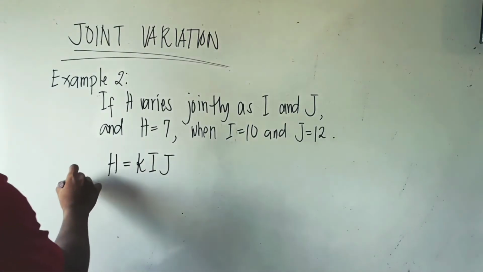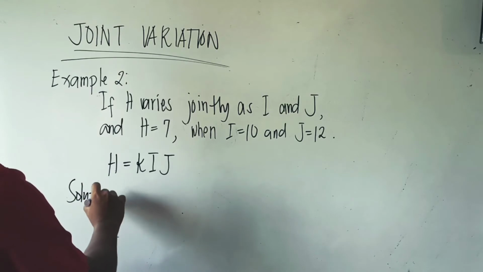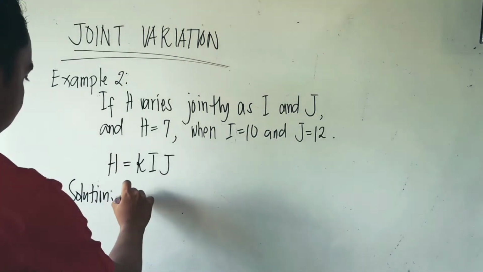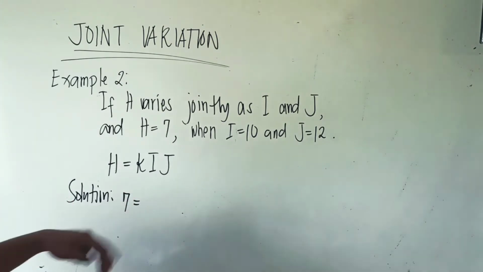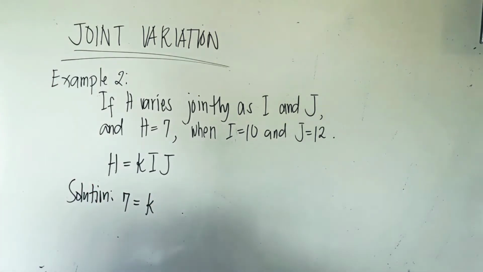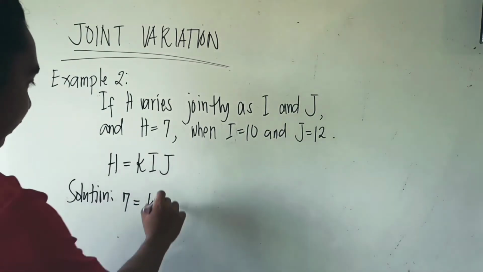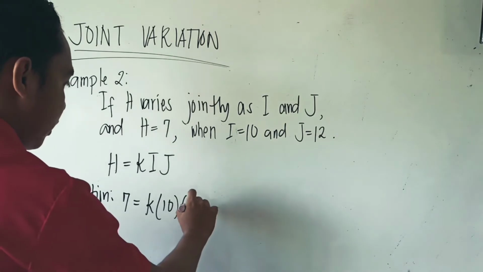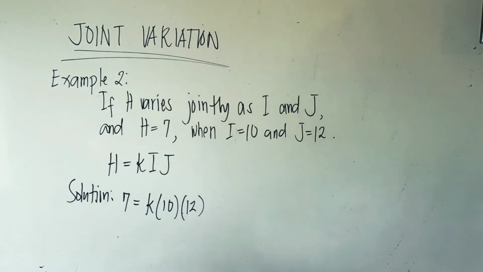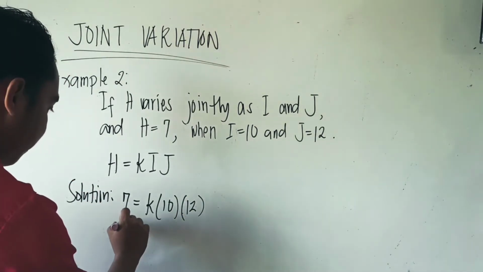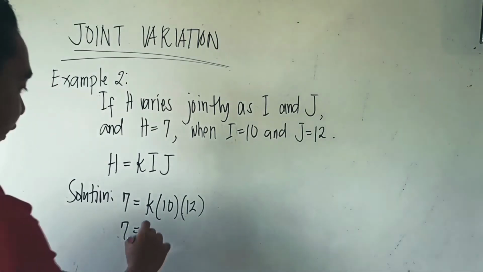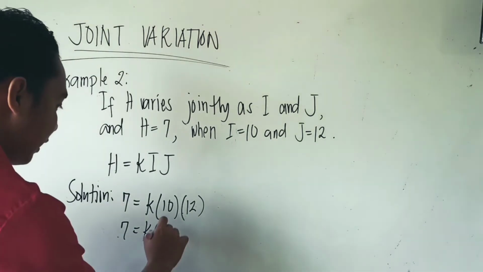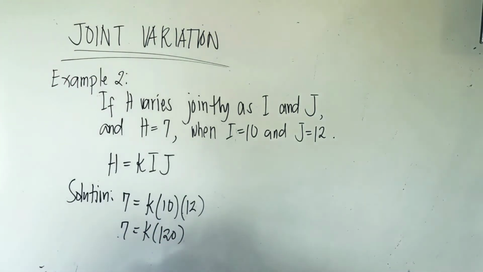Okay? So, now for the solution, syempre, again, substitution. h is 7, k is unknown, syempre yun po yung hinahanap natin, i is 10, and then j is 12. So now just simply copy 7 here, 7 equals, then all you need to do is multiply 10 and 12, so 10 times 12, that is equivalent to 120.